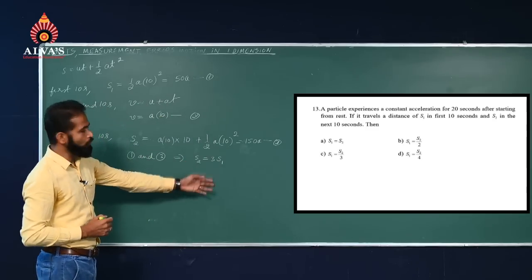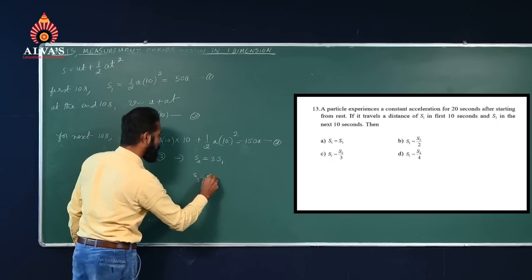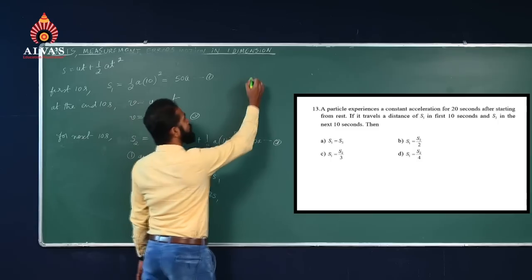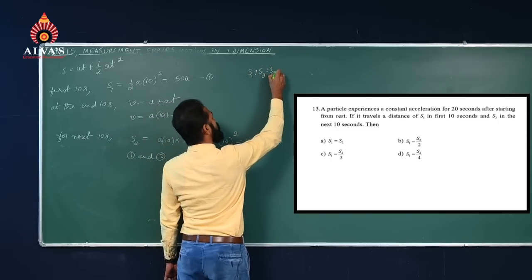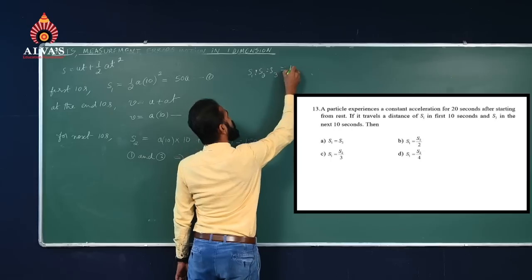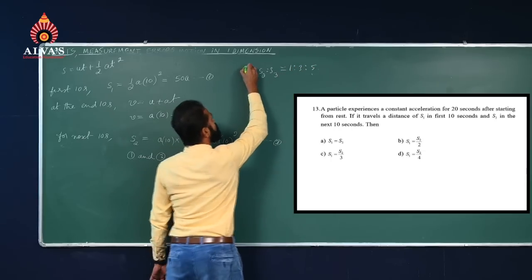So if I continue to calculate like this, if I calculate s3, I'm going to get 5 times s1. So the ratio s1 is to s2 is to s3 will always be in 1:3:5 form.